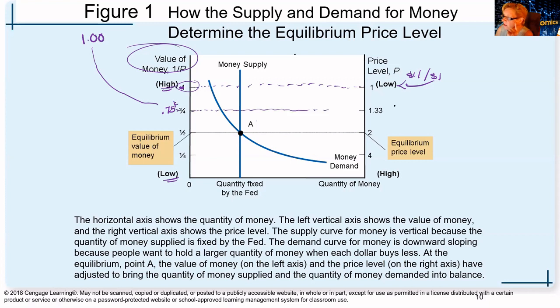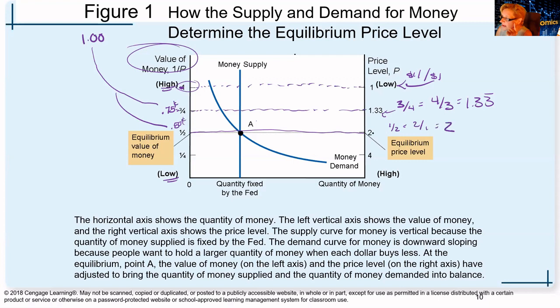And if we want to figure out the price level, we take that 3/4 and we take its reciprocal, 4/3, which gives us 1.33 repeating. That's where this number comes from right here. Again, if $1 only buys 50 cents or half of its value, then that must mean that prices have gone up 2 times, because we take the reciprocal of 1/2, that gives us 2/1, which equals 2.